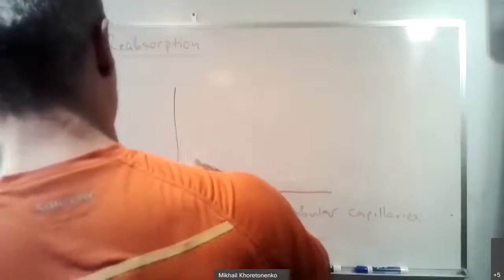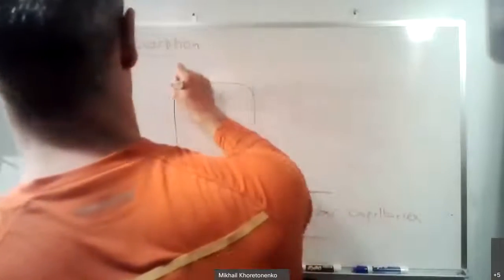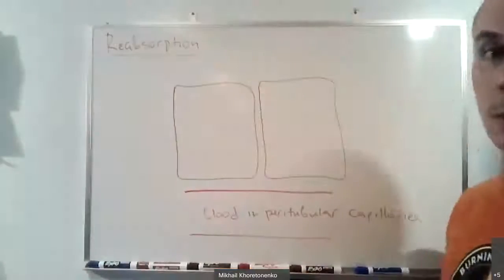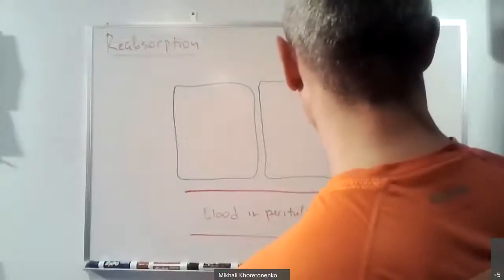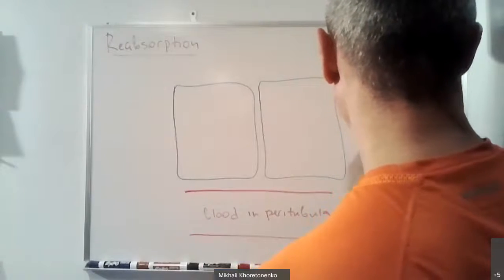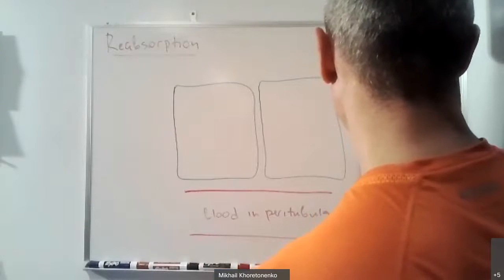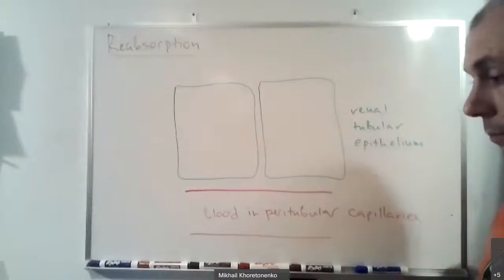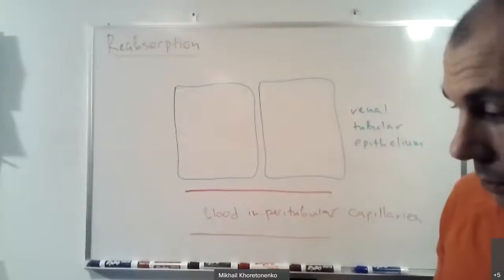These are columnar cells of the tubular epithelium. So it's renal epithelium. And the filtrate is here.